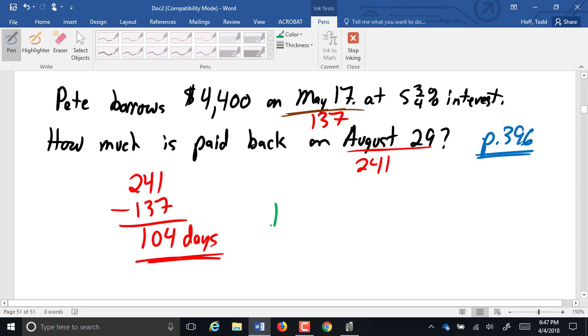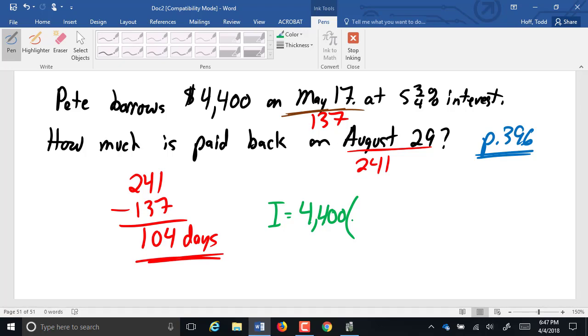So now we'll find our interest using the $4,400 times, what are we going to use here?